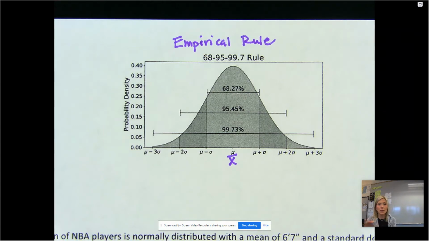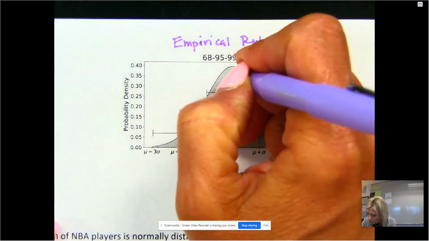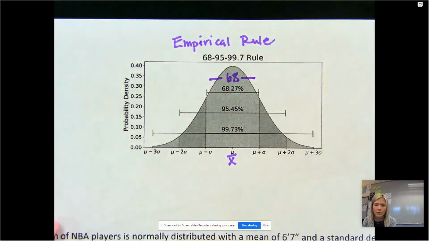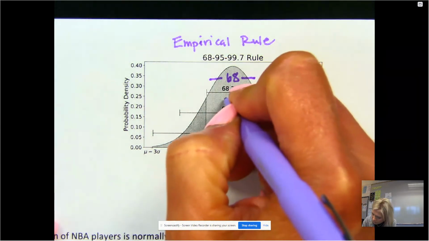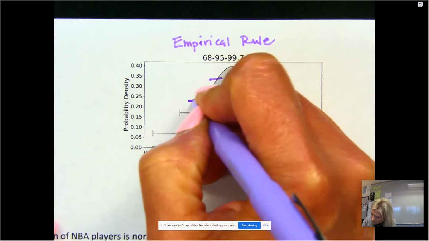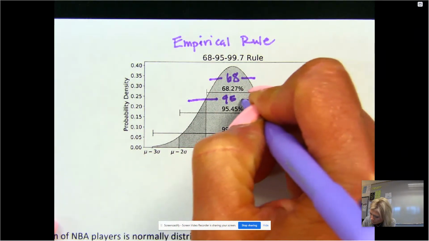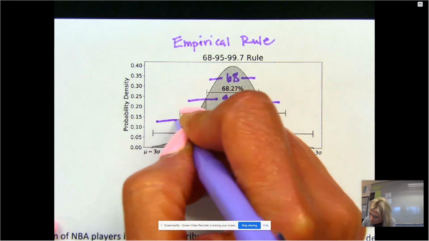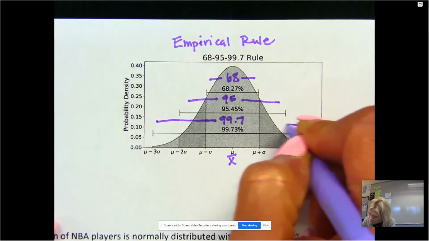So I know that this diagram has some additional decimals, but let's just agree to use 68% within one standard deviation of the mean, 95% within two standard deviations of the mean, and 99.7% within three standard deviations of the mean.